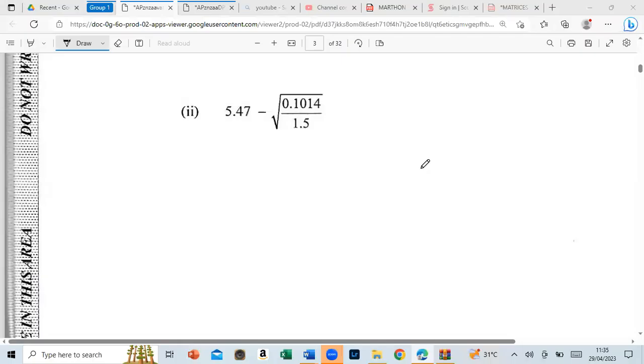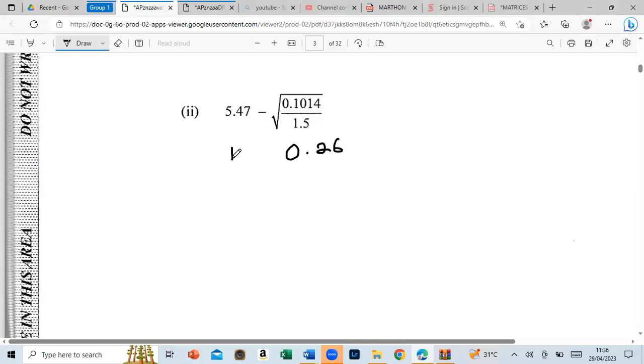All right, so now we have 5.47 minus the square root of 0.1014 divided by 1.5. Again, guys, punch this in a calculator, work it out and see how it goes. This portion here works out to 0.26.